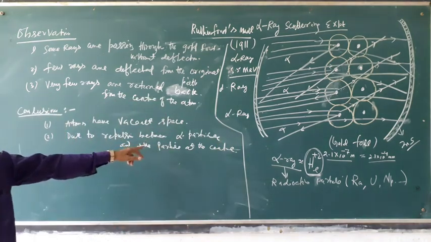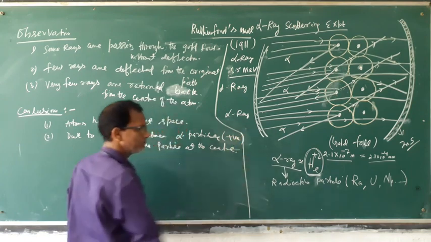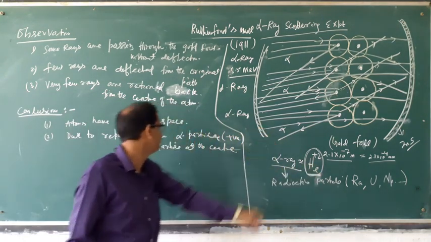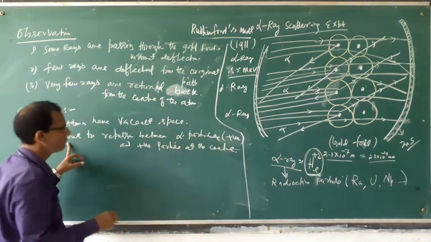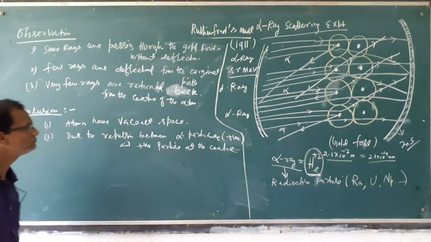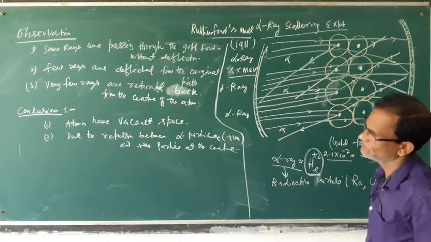The alpha particle also carries positive charge. Already we have taken that an alpha ray is just like a double charged helium. Due to repulsion between the alpha particle and the positive particles at the center, the ray gets deflected.